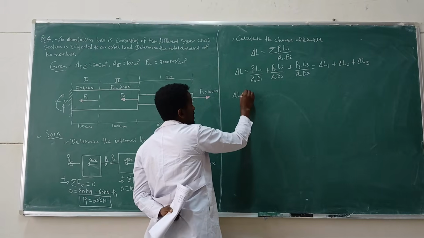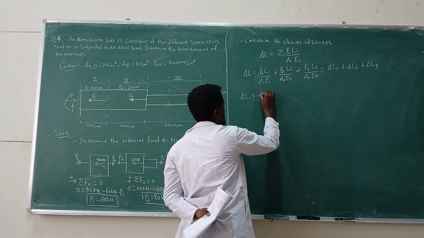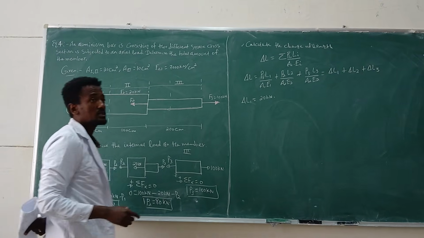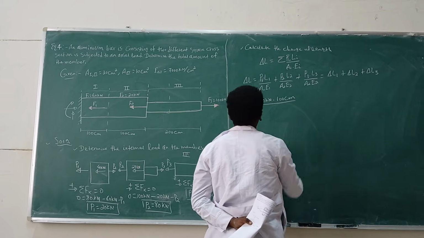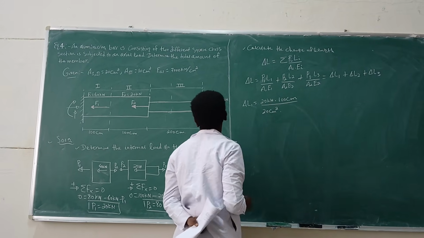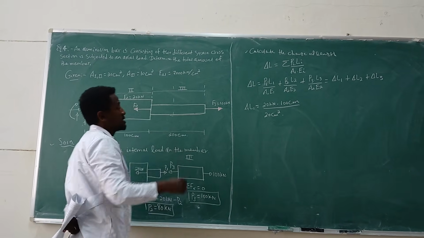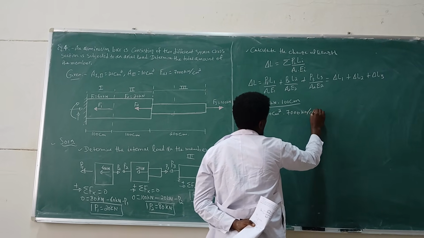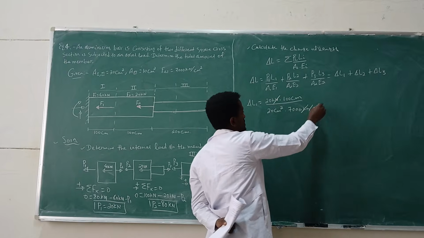Change of L1: P1 is 20 kilonewton times length N1, 100 centimeter, divided by area 1, 20 centimeter square, times E1, the modulus of elasticity for the member, 7,000 kilonewton per centimeter square.